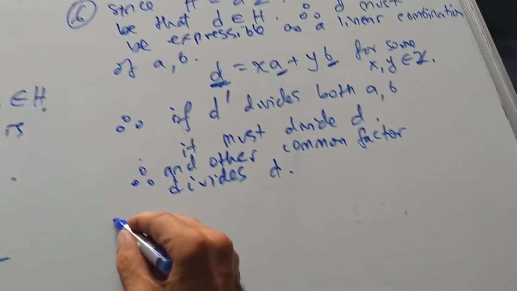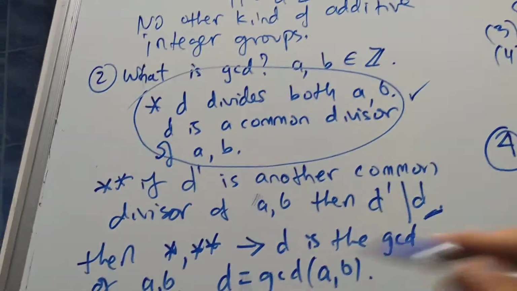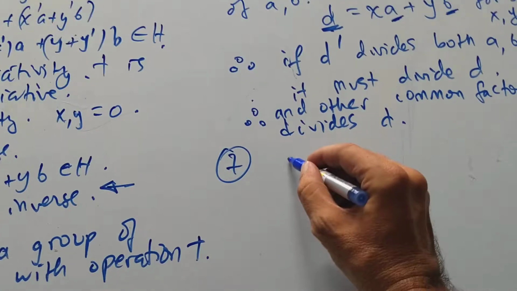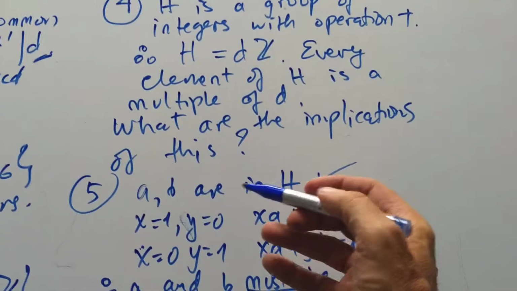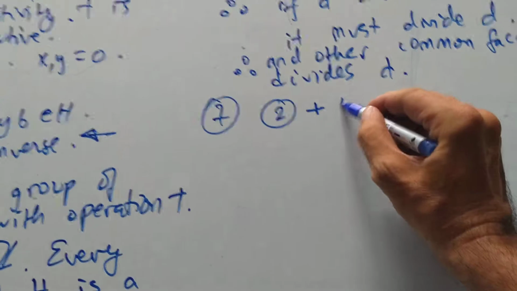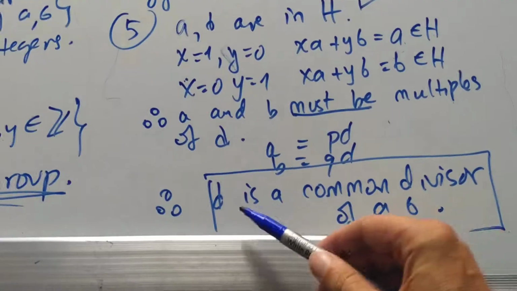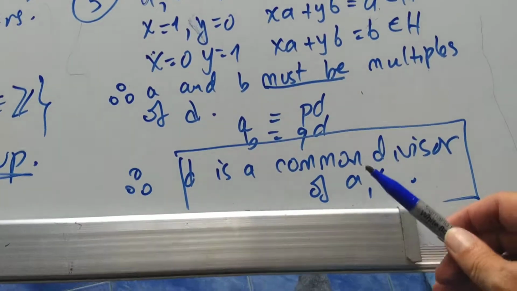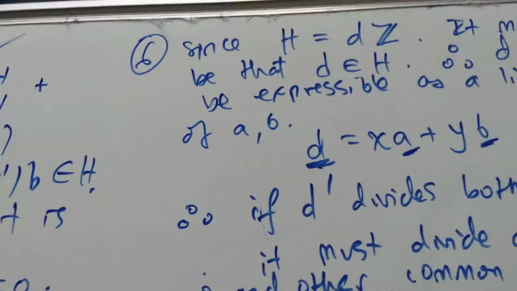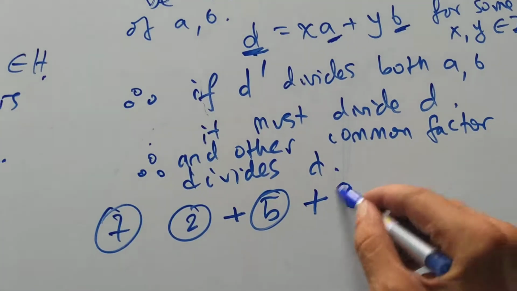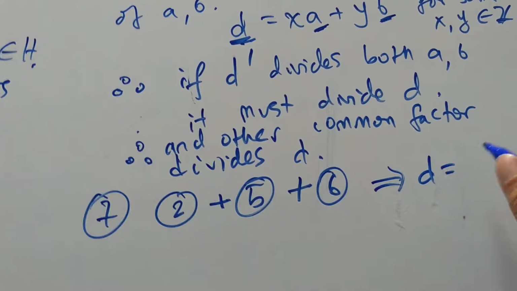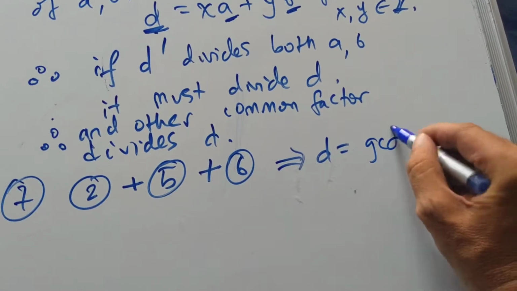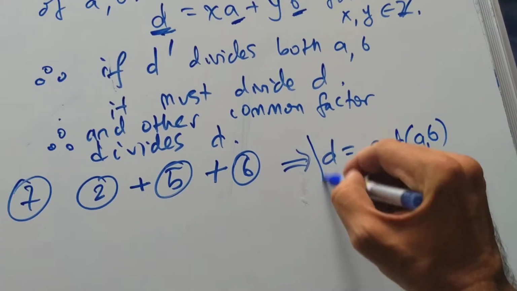And so what does that mean? We put it all together, 7. Okay. We take this definition. What is GCD? GCD definition, plus we put this in here, 5.5, that D is a common divisor of A and B. We proved that. And now we add 6, that all other common divisors divide D. So therefore this implies D is the GCD of A and B. How's that for beautiful?